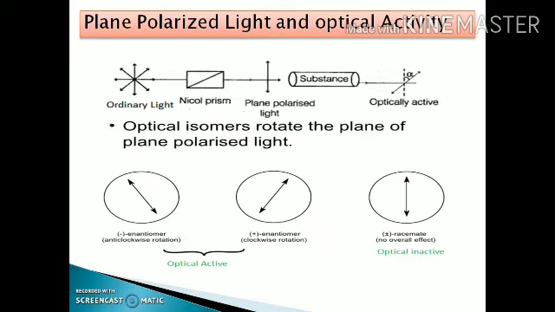If any substance does not rotate the polarized light in any direction, it is known as an optically inactive substance.